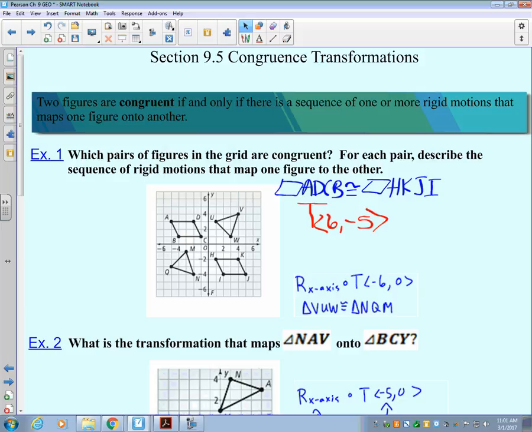So we look at triangle VUW. It's congruent to NQM. To get from VUW to NQM, we are going to translate it to the left 6 units. So 1, 2, 3, 4, 5, 6. We move this guy 6 units this way.